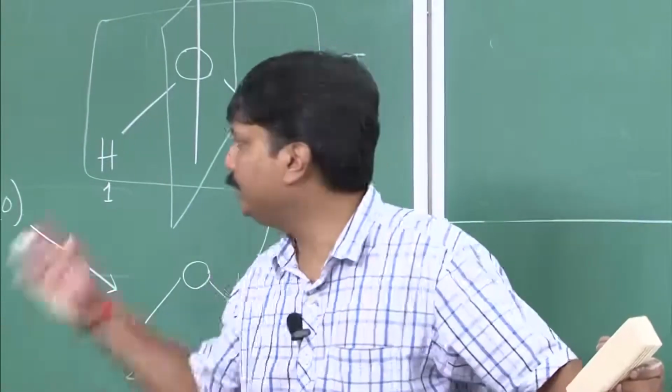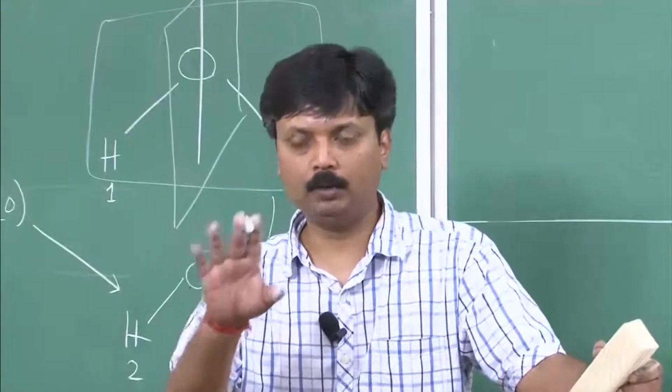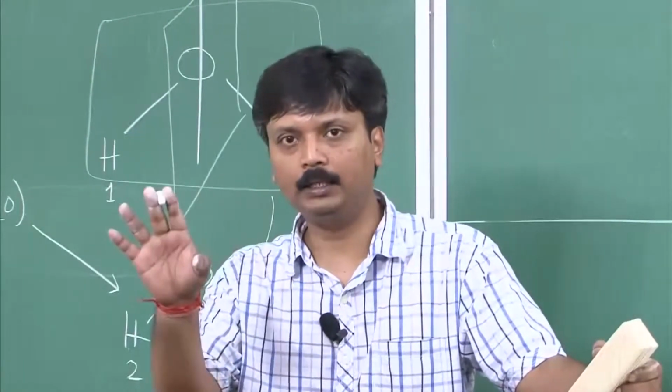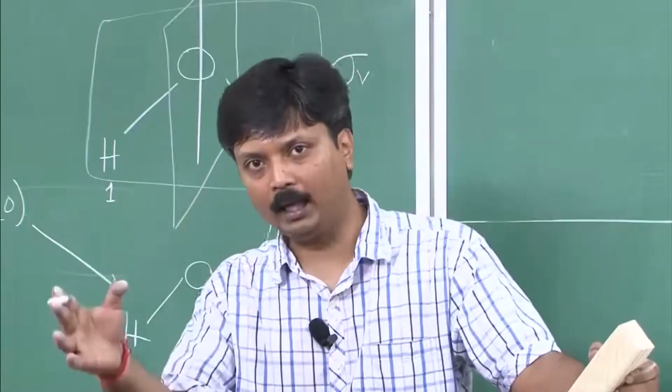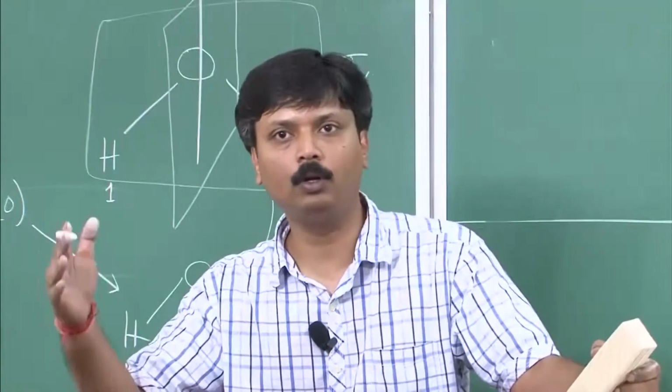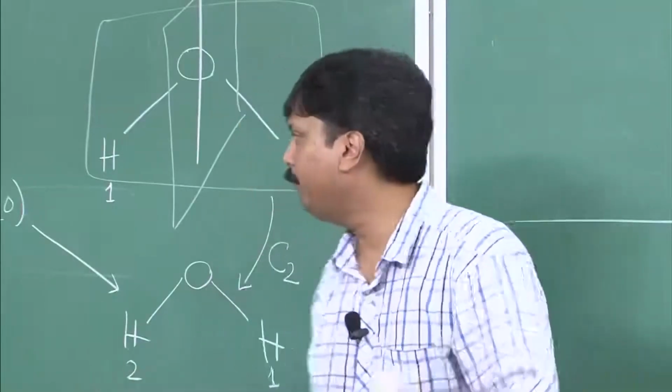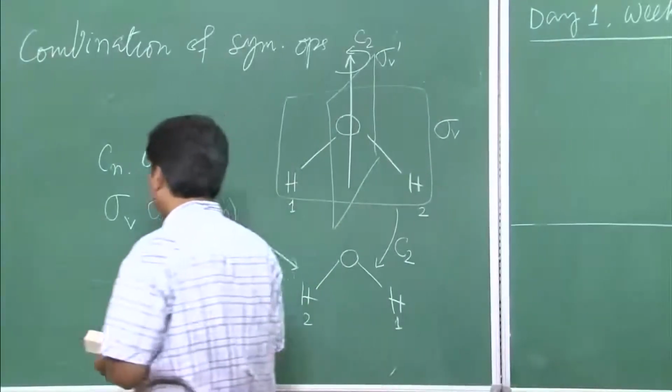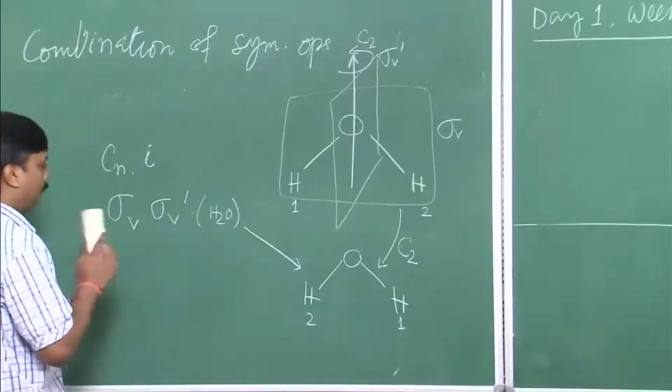How will you do that? Just like this. You take the molecular structure, operate one, then on the resultant, operate the other one, and you get your result. You can combine five, one after another, and end up getting the desired result.